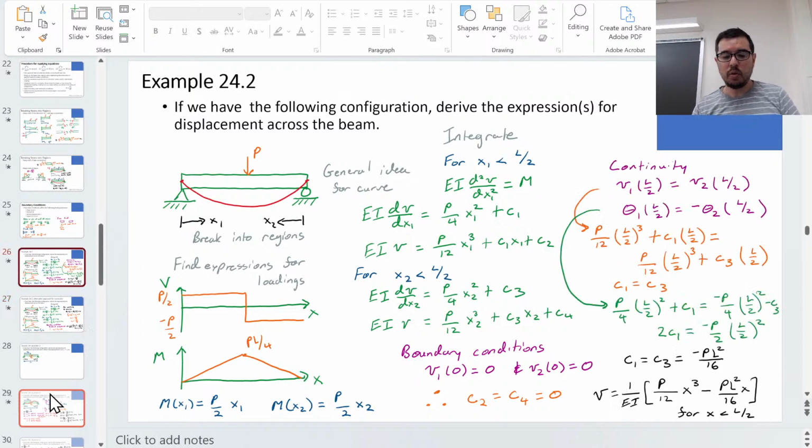I had written PL over 2 times x1 and PL over 2 times x2. That doesn't make sense. This is a moment, right? Moments should have force times length or length times force, and so I had accidentally put in an extra PL or extra L. So the updated slides for this summer session should now have the correct results. Okay, and any other things that I've messed up.